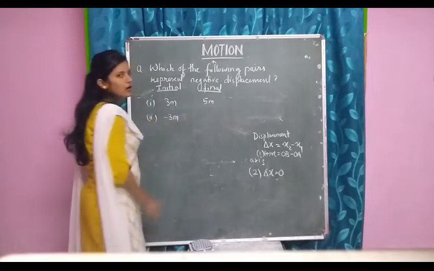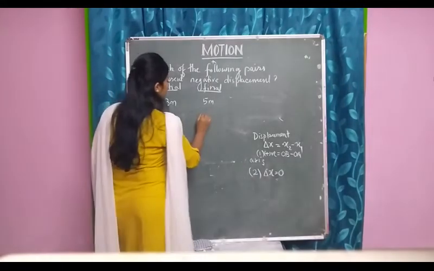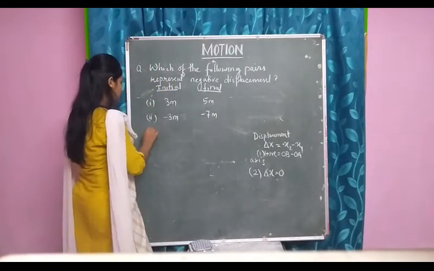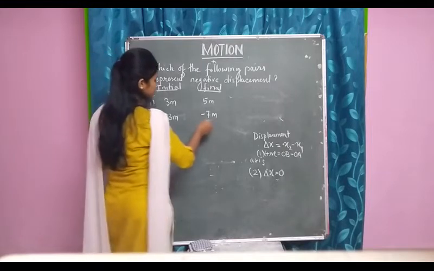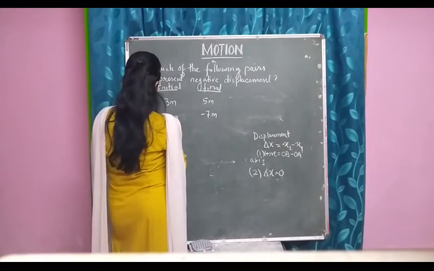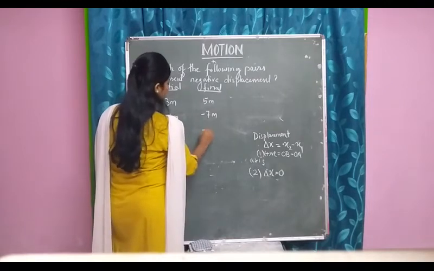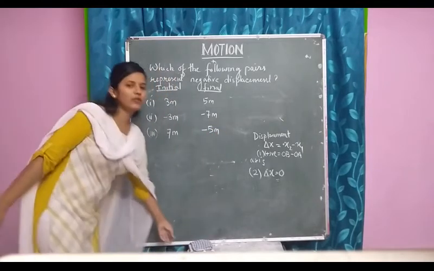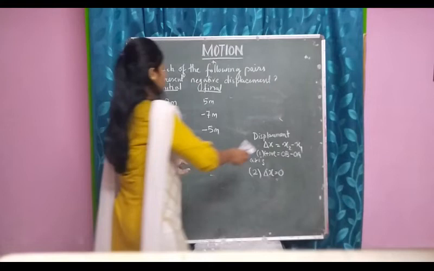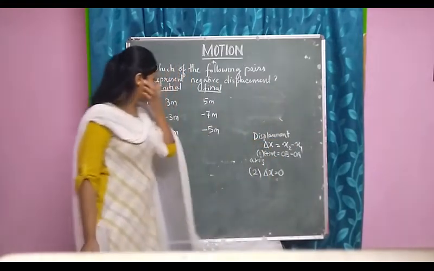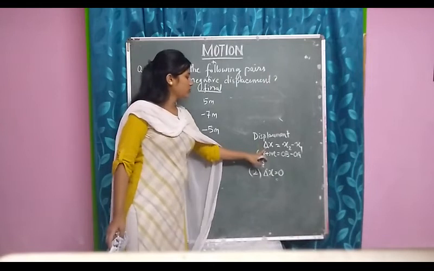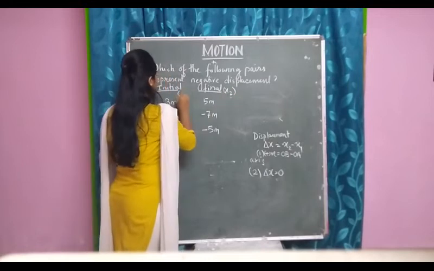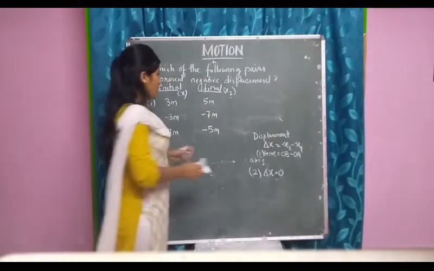Minus 3 meter and final is minus 7 meter. Third option is given. Suppose 7 meter, here it is minus 5 meter. So how will we do it? We will calculate displacement by using the formula del x equals x2 minus x1. So this will represent x2, this will represent your x1.